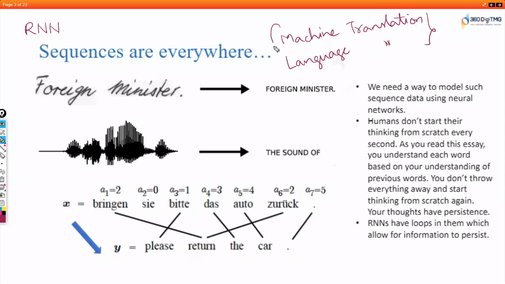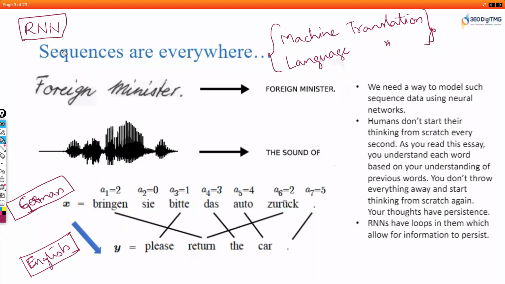And this is all about converting one language to another. If you have some text written in German, and if you want to convert that into English, then also a recurrent neural network is used. The words need not be in exactly the same sequence in English.